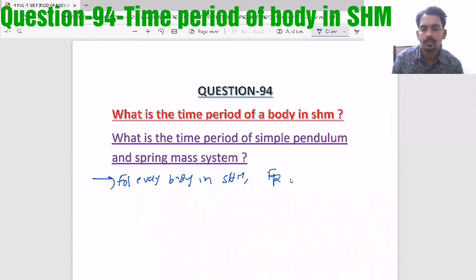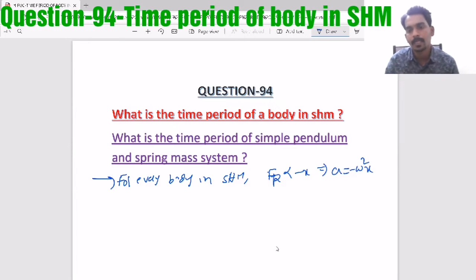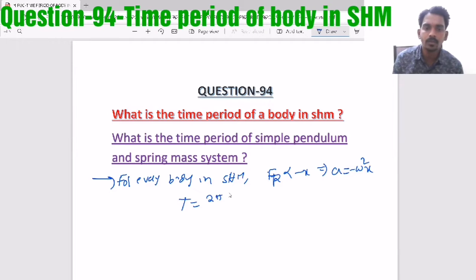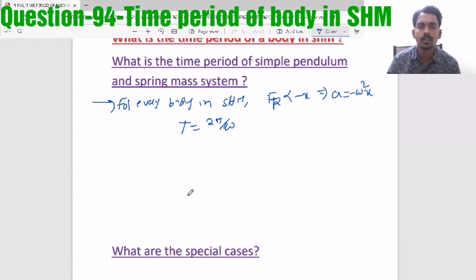You have to show that it is proportional to minus x, like a equal to minus omega square x form. So that the x coefficient will become omega square. Then the time period will become 2 pi by omega. That is the general principle, the force law in SHM.